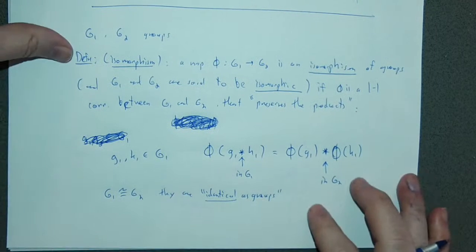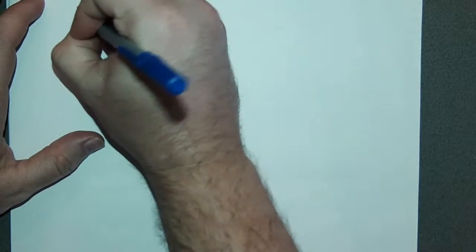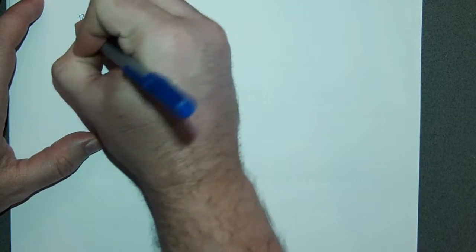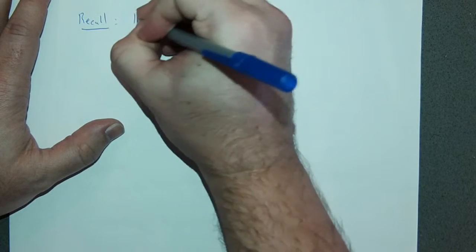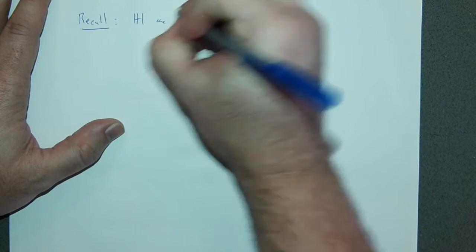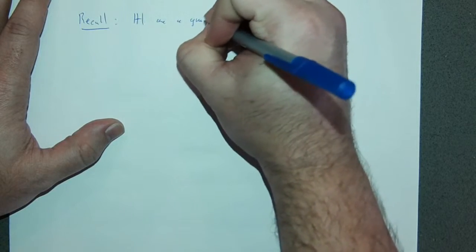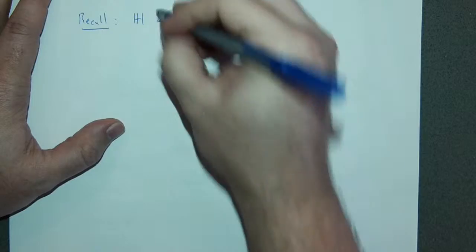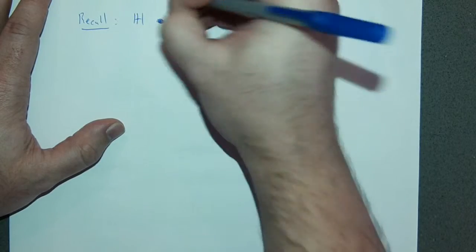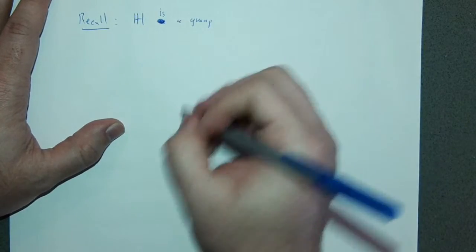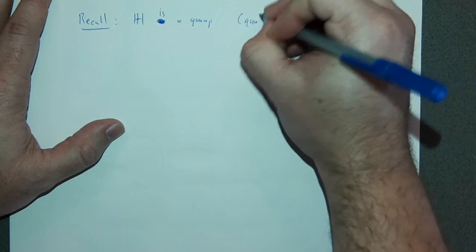Now, why did I go through all that, and why did I mention that definition? Because I want to say something. So recall, and of course you're dealing with the quaternions a little bit more in your homework, which I just posted today, the quaternions are a group. I should say H is a group, this is the quaternions.